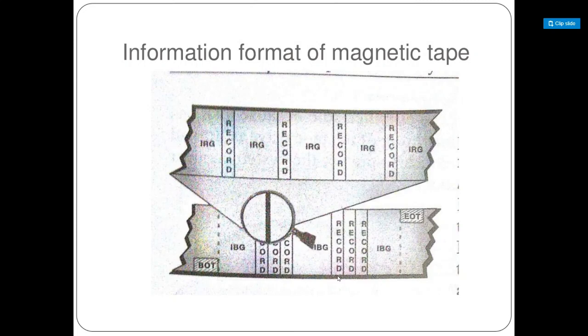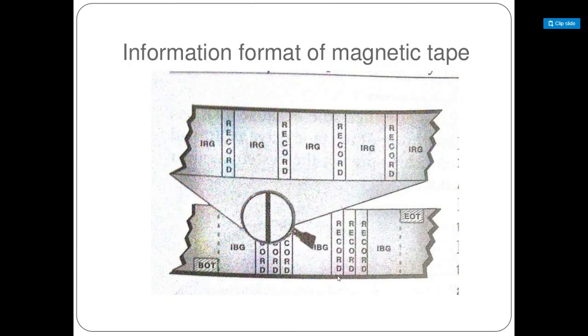And there is an interblock gap before some information that is written on the tape is to be read. So it has to be a gap so that we can get to know that there is a record in the next coming positions. And if some of the records are read, after that again there will be an interblock gap, so that you are actually reading the next record. So this goes on until the end of the tape.